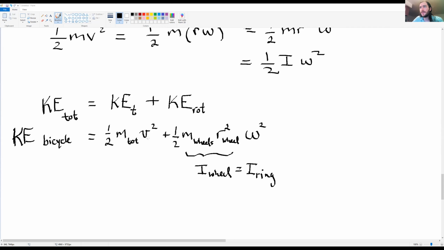And we could be really careful here, and since we're talking about rigid bodies, we should indicate that the velocity that goes into calculating the kinetic energy should be the velocity of the center of mass, right? Because that mass is moving together as if it were a point mass with all of the mass concentrated at the center of mass.